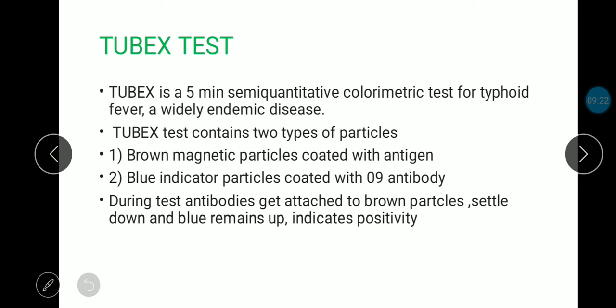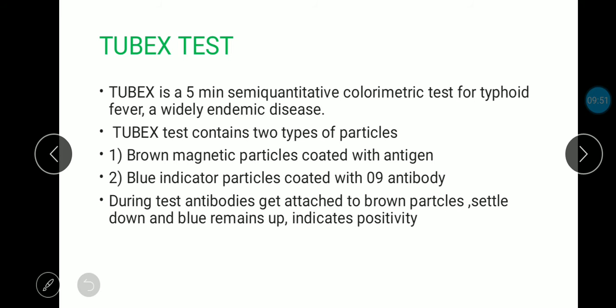The next test is the Tubex test. Tubex is a 5-minute semi-quantitative and colorimetric test for typhoid fever, a widely endemic disease. The Tubex test contains 2 types of particles. One is brown magnetic particles coated with antigen. The second is blue indicator particles coated with O9 antibody.